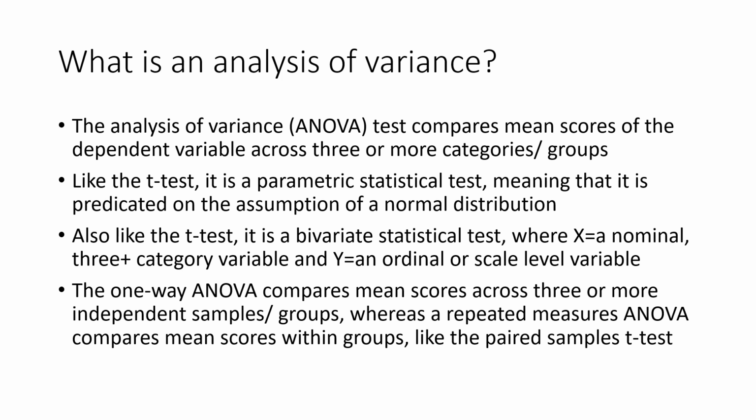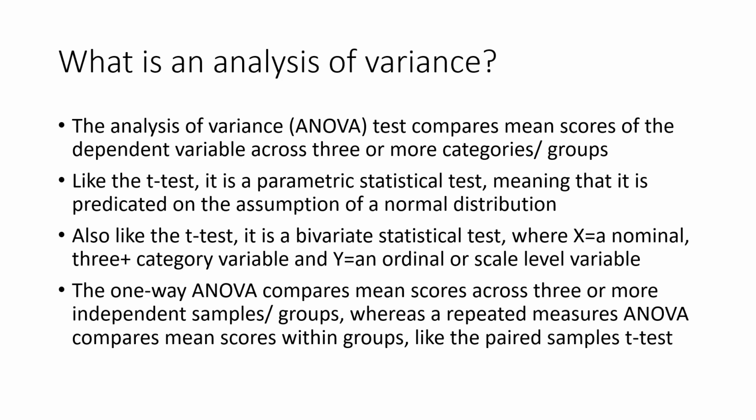The one-way ANOVA, so there are different types of ANOVAs. There's two-way and multiple different manifestations of this test, but the one we're looking at in this chapter is the one-way ANOVA. So the one-way ANOVA compares mean scores across three or more independent samples or groups. But another form of ANOVA is called the repeated measures ANOVA.